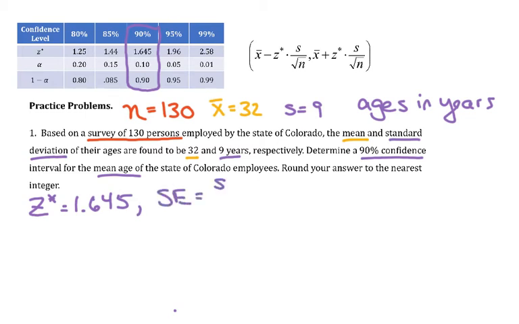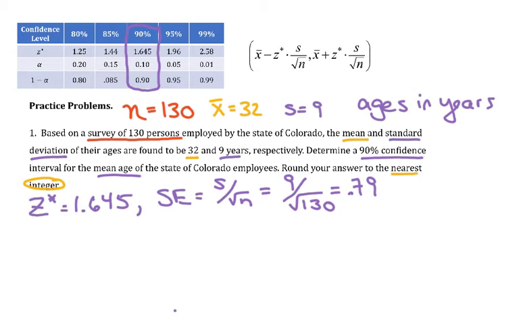That's S over the square root of N. So S was 9 divided by the square root of 130. Now, I'm going to round this to 0.79 because my final answer is going to be rounded, it says, to the nearest integer. So that's my standard error.